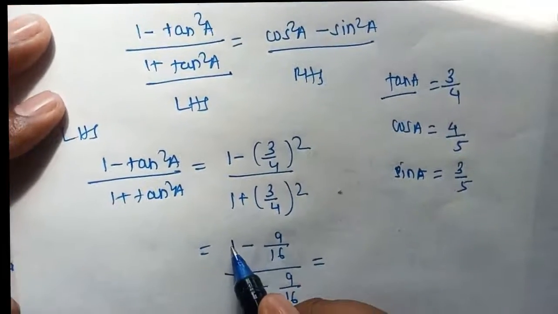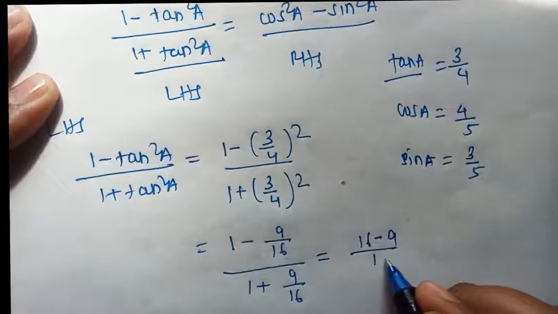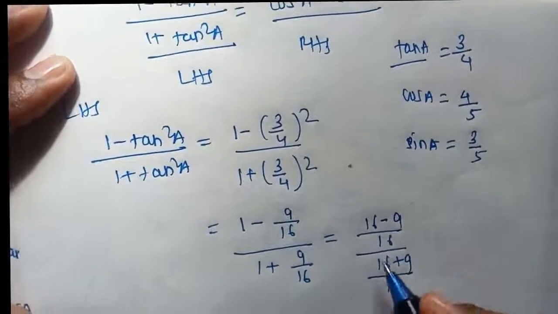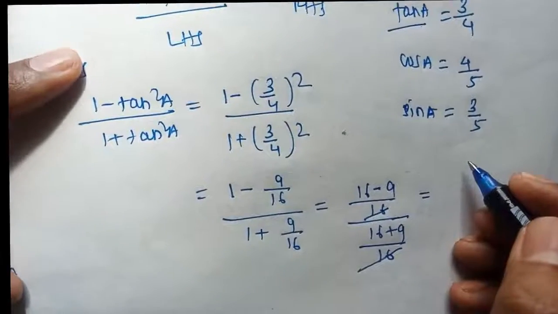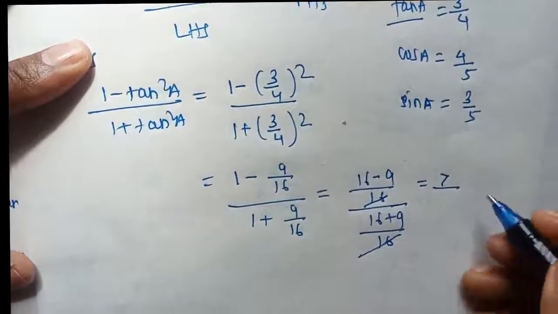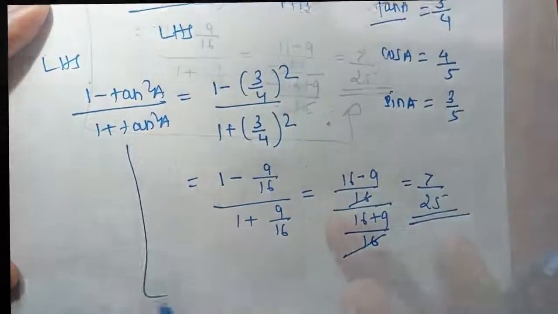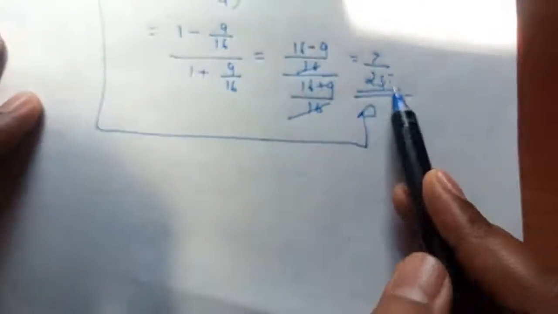Again LCM here, we have to multiply by 16, so 16 into 1 is 16, 16 minus 9 upon 16 plus 9 upon 16. We found the LCM, 16 cancel, 16 minus 9 is 7 and 16 plus 9 is 25. So the LHS value we got is 7 by 25.